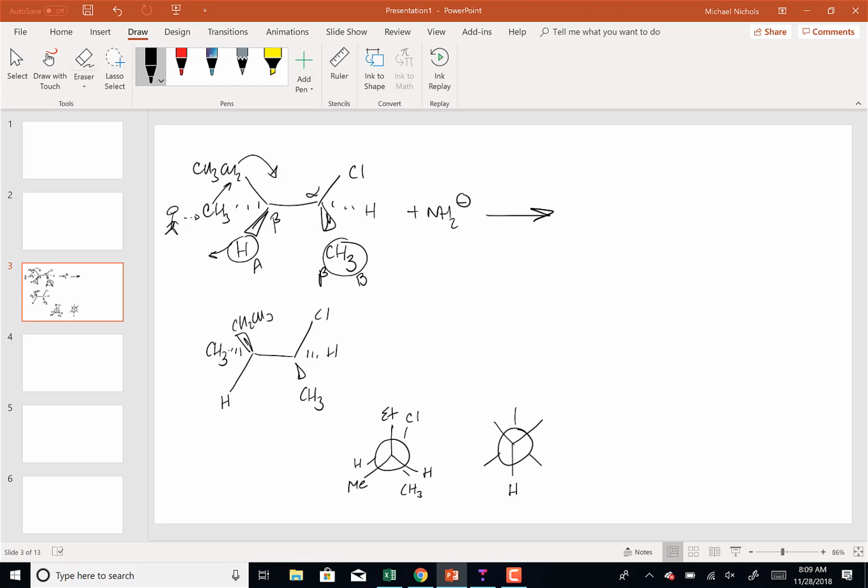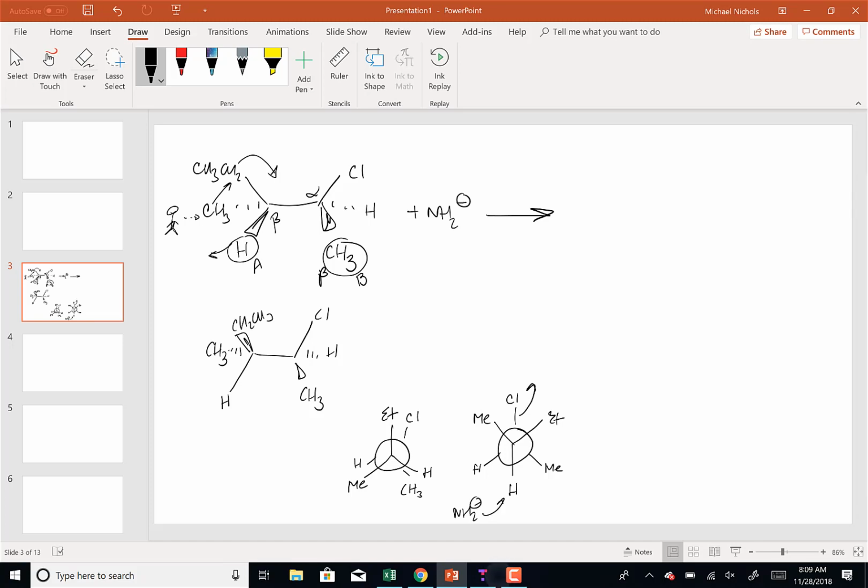The hydrogen comes here, then the methyl group goes there, the ethyl group goes there, the chlorine is here, and the methyl group is here, and the hydrogen's there. Nothing changed on the back carbon, it only changed on the front carbon. So now if I put it in that conformation, the base is going to come in, deprotonate the hydrogen, chlorine leaves.